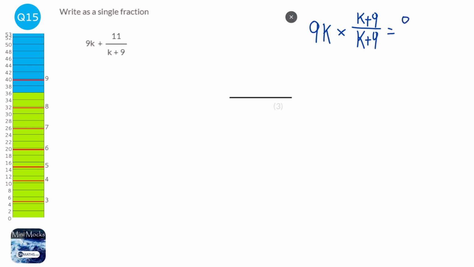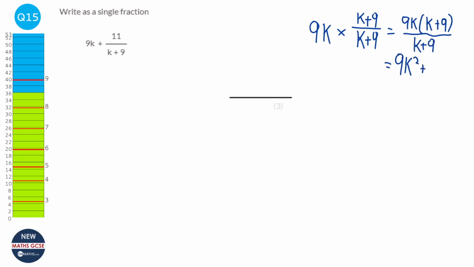So it's going to be 9k brackets k plus 9, and all of that over k plus 9. Expanding the brackets, we get 9k squared plus 81k over k plus 9.